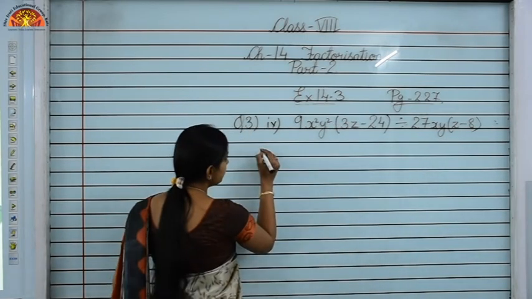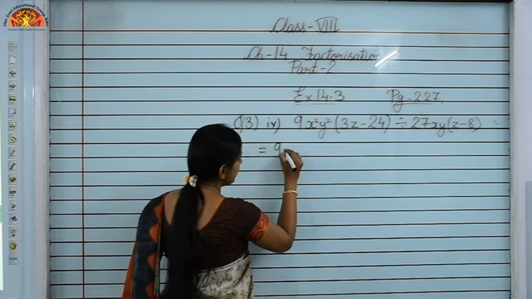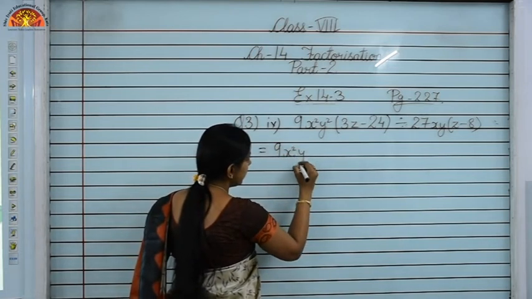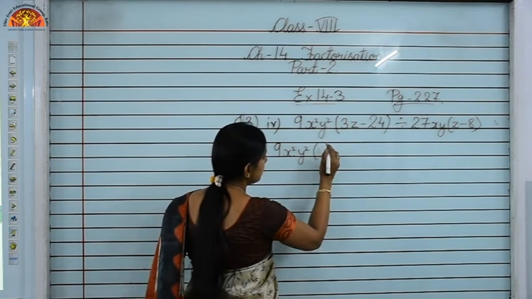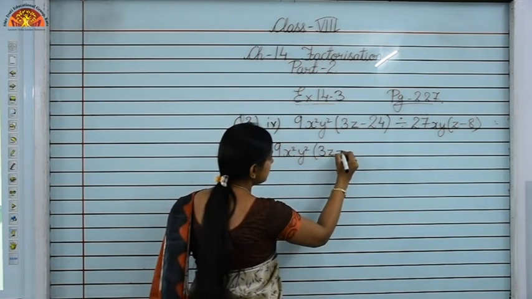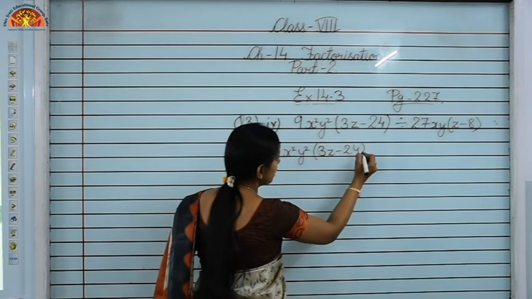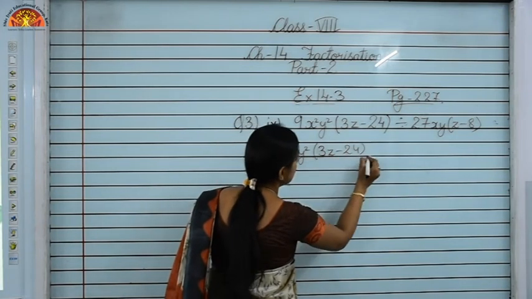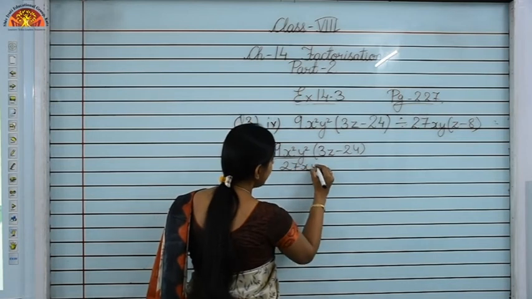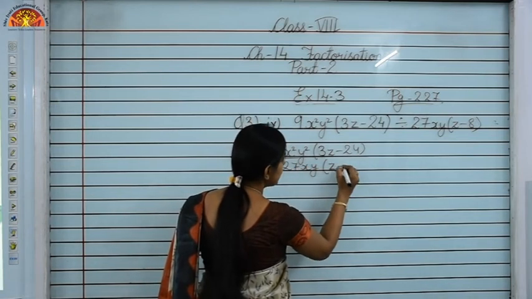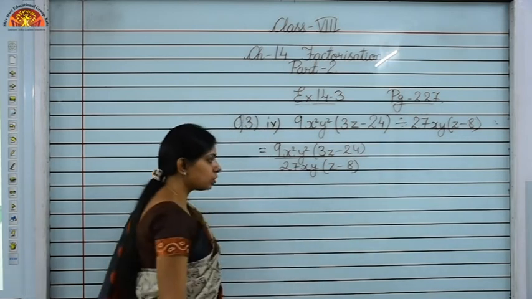So we can just write it down over here. That is 9x square y square into 3z minus 24 whole divided by 27xy into z minus 8. Got it?